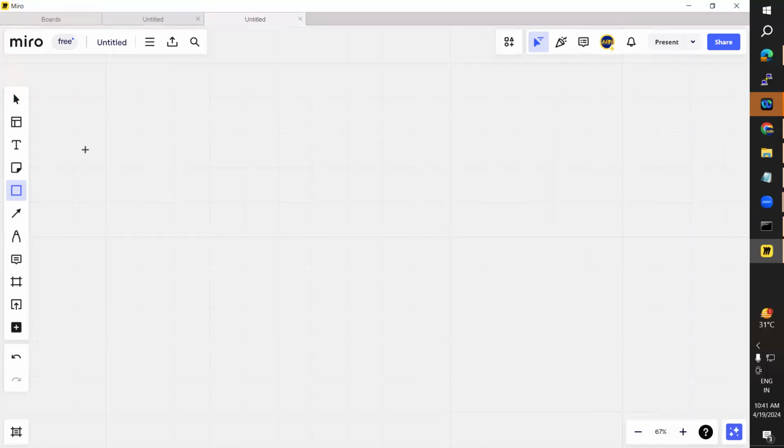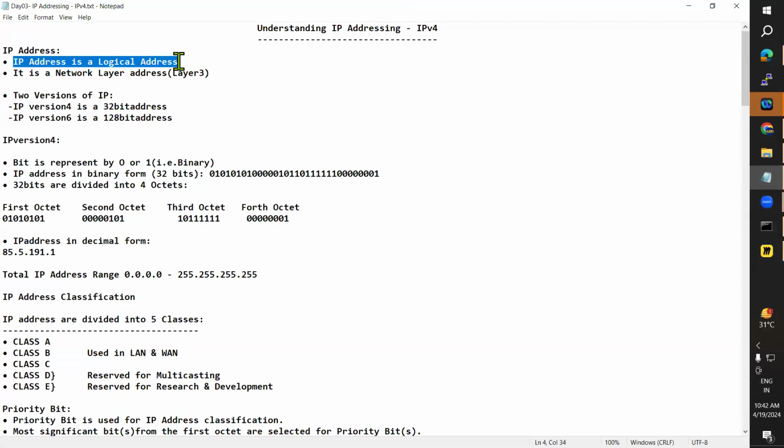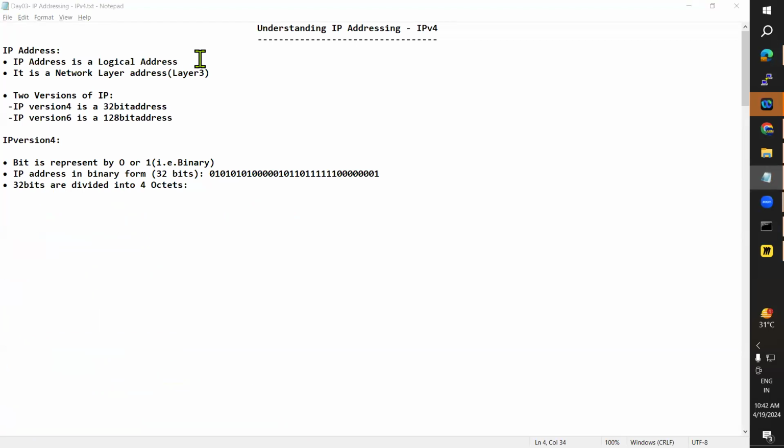Here, the NIC card is a physical component, physical hardware, and the IP address is a logical number. If you compare SIM card and number, likewise here it is NIC card and IP address.